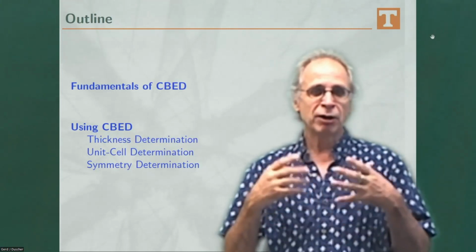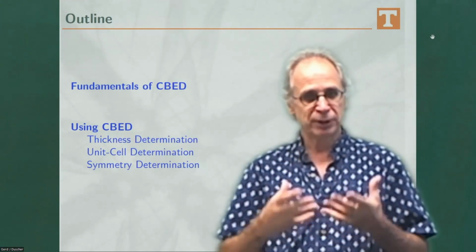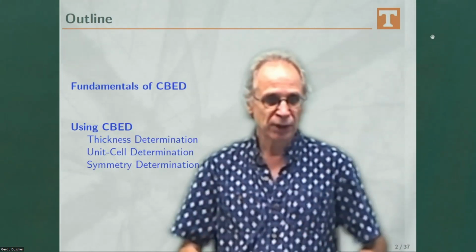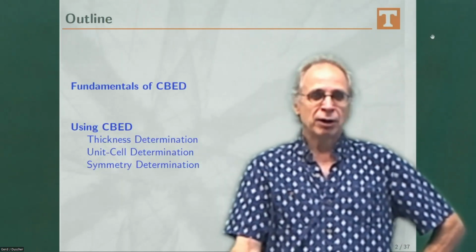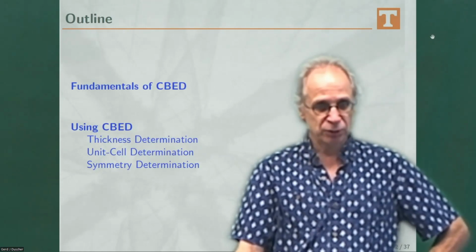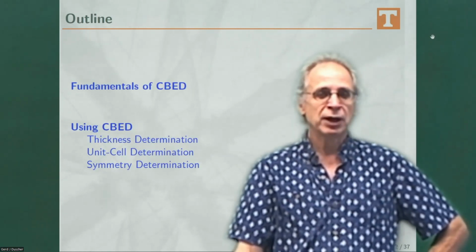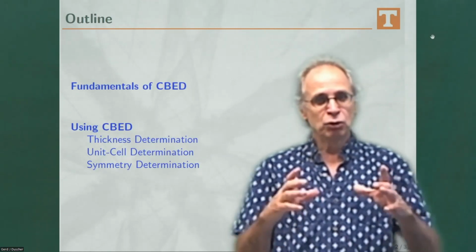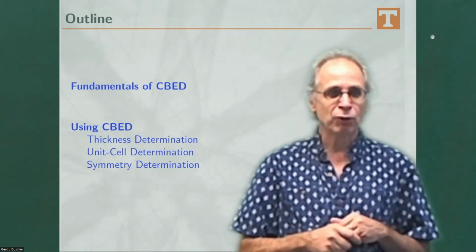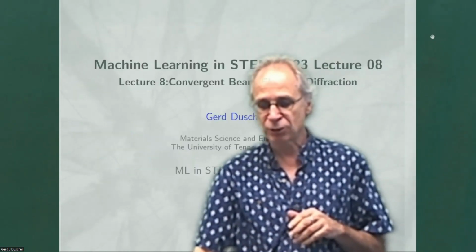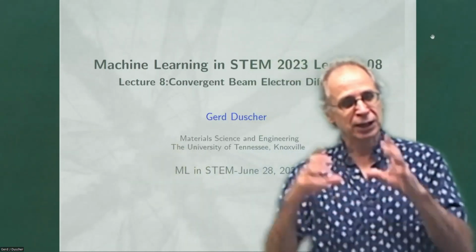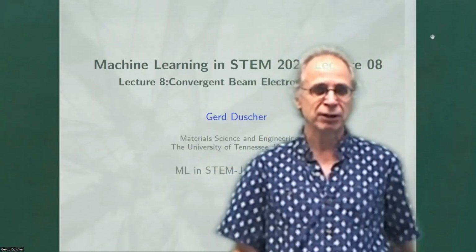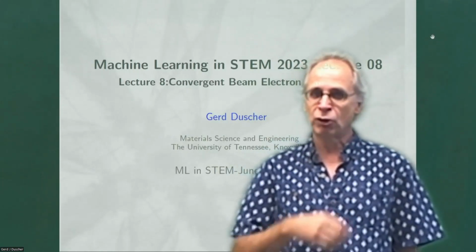So when you are in STEM mode, for the ones who haven't done that before, you are in a diffraction mode. You scan your probe, and you use different parts of a convergent beam electron diffraction pattern, like the one we have here in the background, for imaging or for analysis.